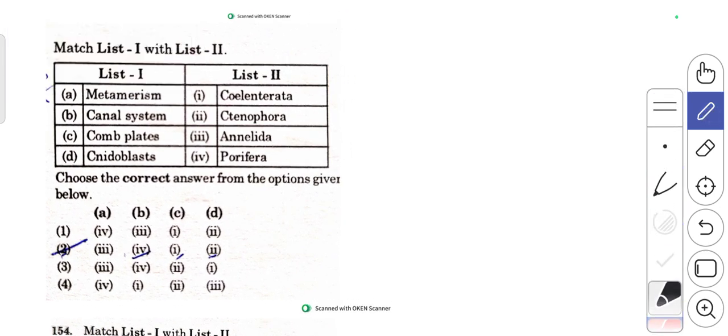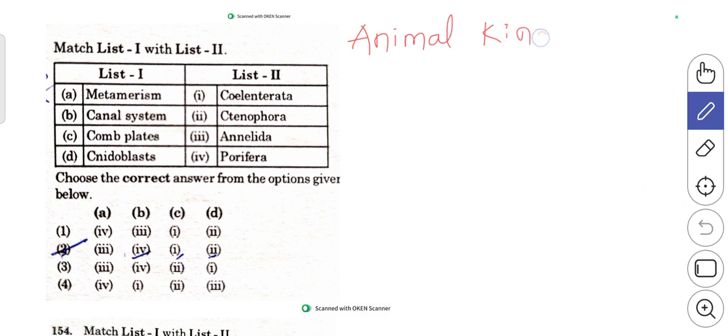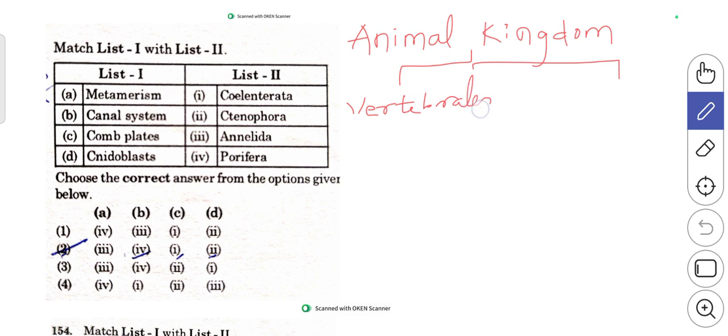So this question is from the chapter Animal Kingdom. As you know, the animal kingdom is divided into two: vertebrates and invertebrates.